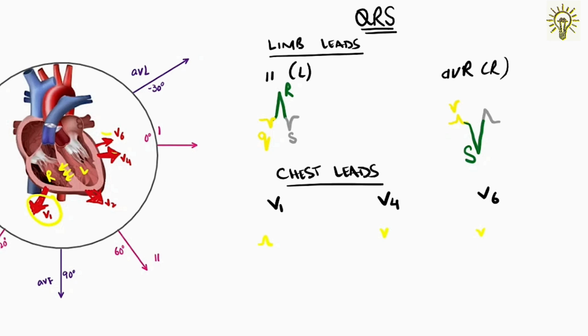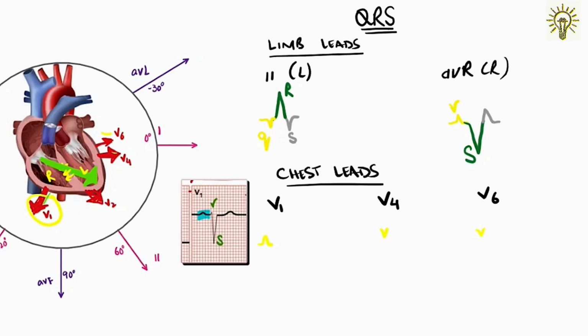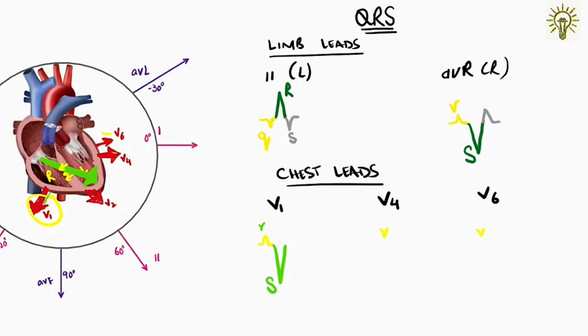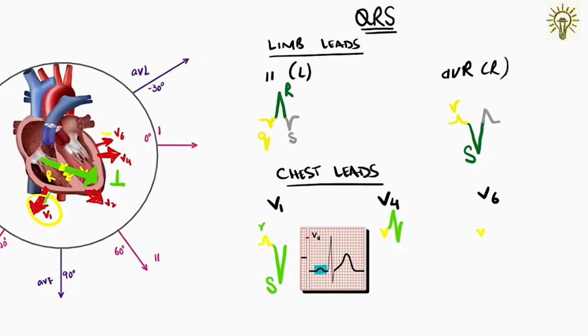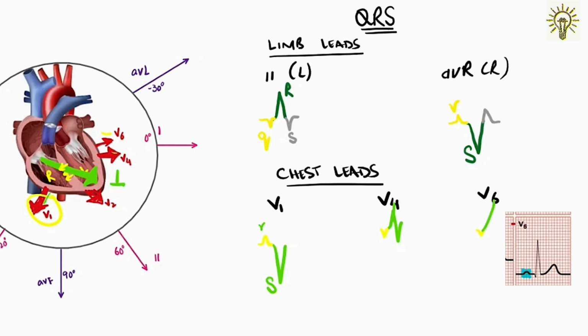The second part, meaning the main left ventricular mass depolarization, would be moving away from V1, causing a giant S or negative deflection on V1. As for V4, the wave would fall somewhere perpendicular to the lead location, leading to a biphasic response. But it would become a positive waveform in V5 and V6, which are located to the leftmost part of the chest leads.